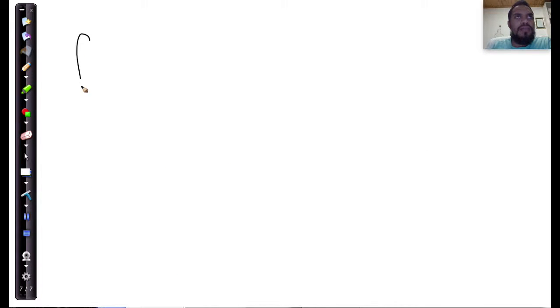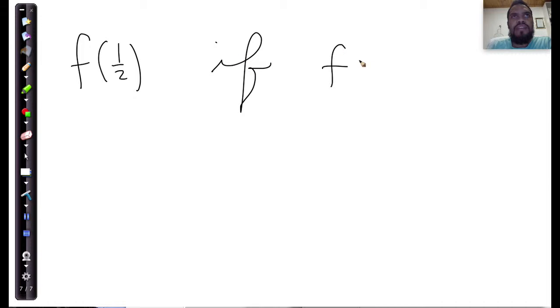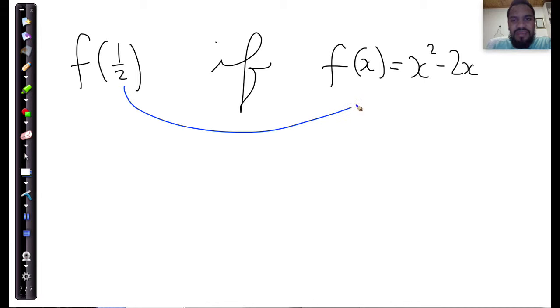So let's look at a few more examples. Here's a tricky one. Find the value of f of a half if f of x is equal to x squared minus 2x. Well, that just means wherever I see the value of x, I need to replace that with a half.